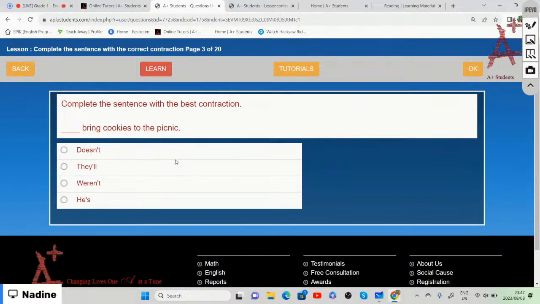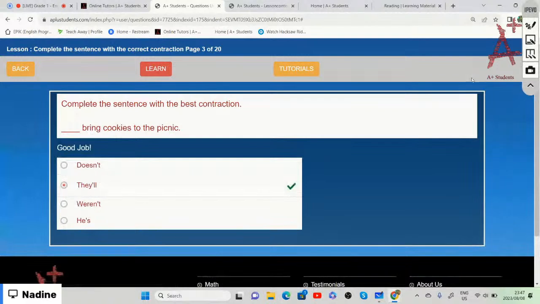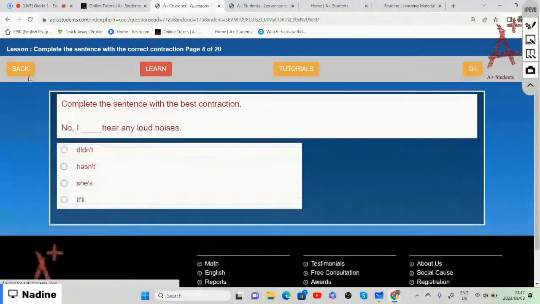They'll bring cookies to the picnic, they will. Weren't bringing cookies to the picnic, were not. He's bring cookies to the picnic, which is he is. So we'll say they'll bring cookies to the picnic.